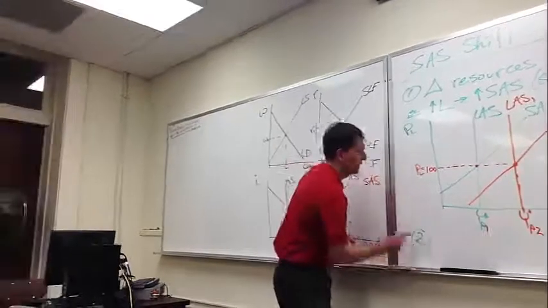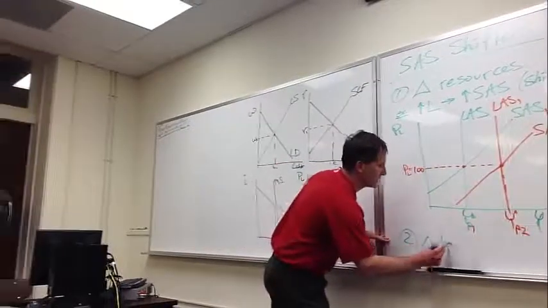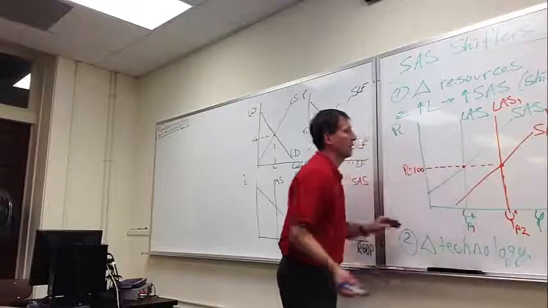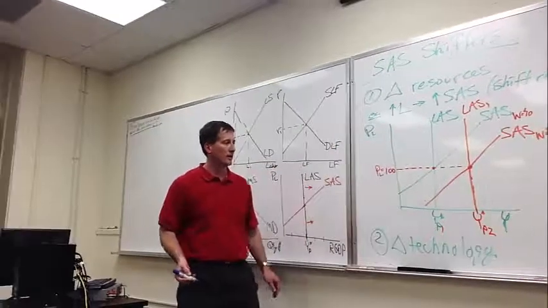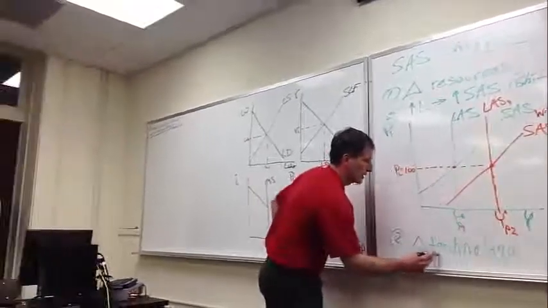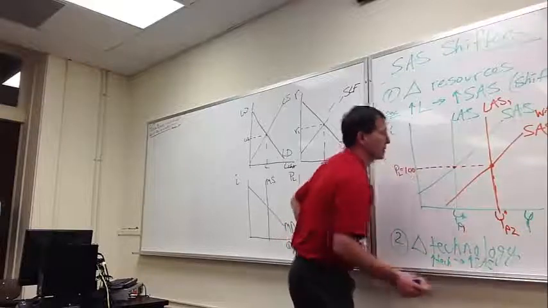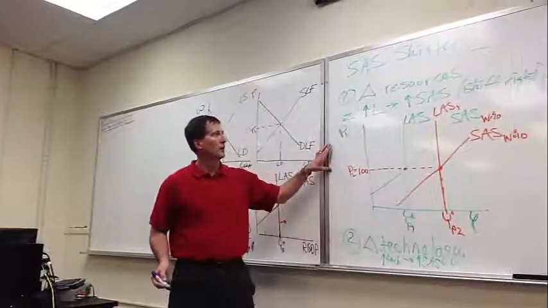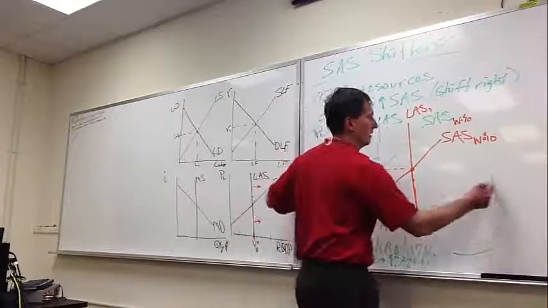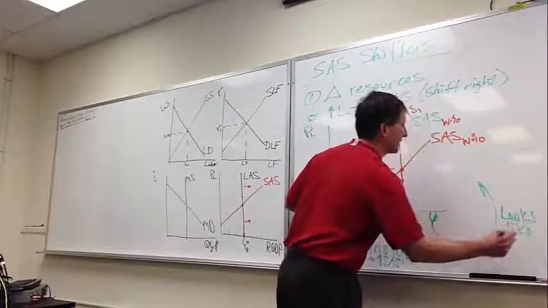Number two on our supply shifter list is a change in technology. Once again, same type of idea is going to go on here. An increase in technology leads to a shift to the right of the short run aggregate supply curve. And it's going to look just like that.